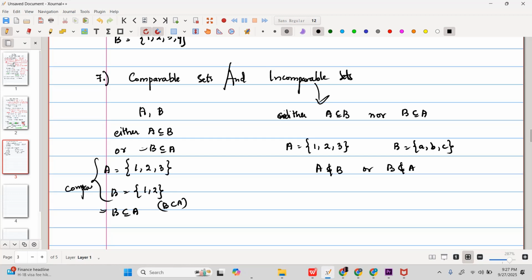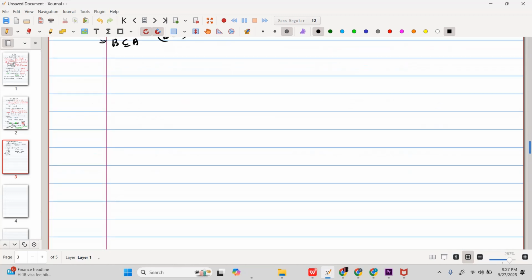Next, the concept which is power set. Power set means if there is a set S containing some elements, the power set is the collection of all subsets of that corresponding set.